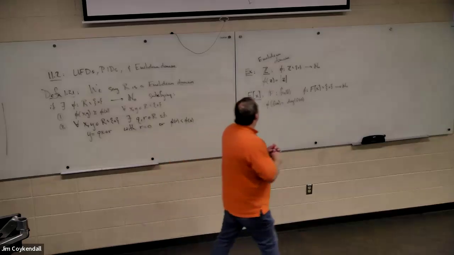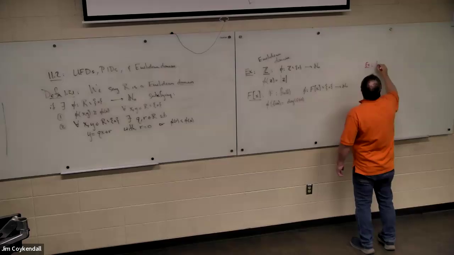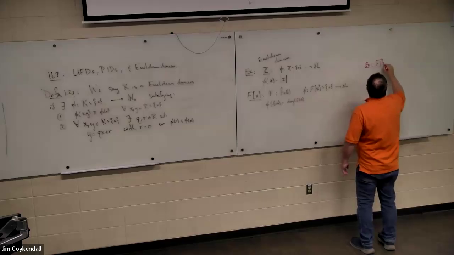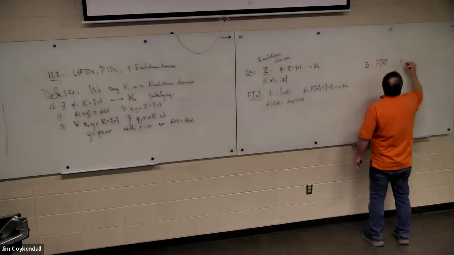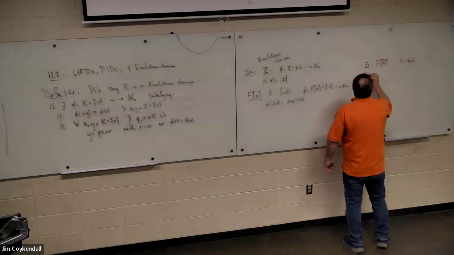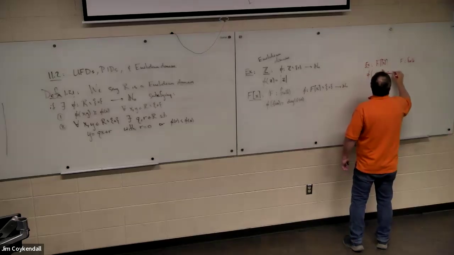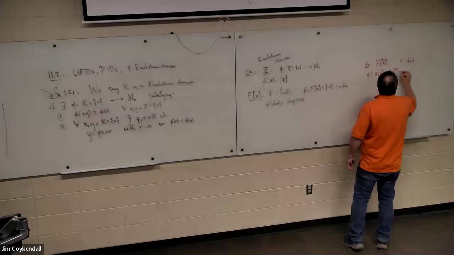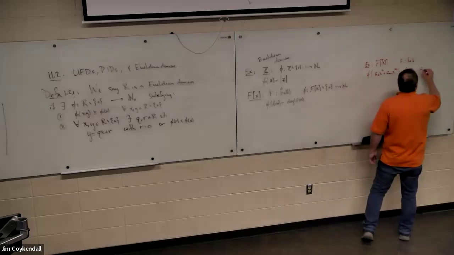Here's another one. Formal power series over a field. Again, you have to have a field or this doesn't work. Phi of a_n x^n plus a_{n+1} x^{n+1} and so on, where a_n is not zero.